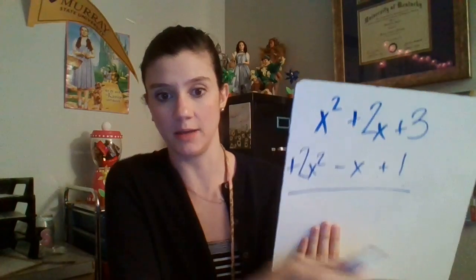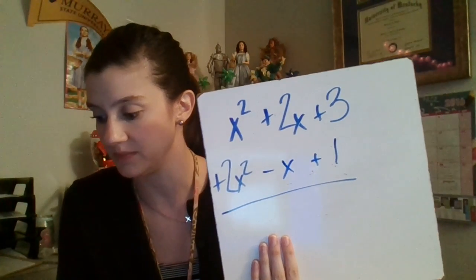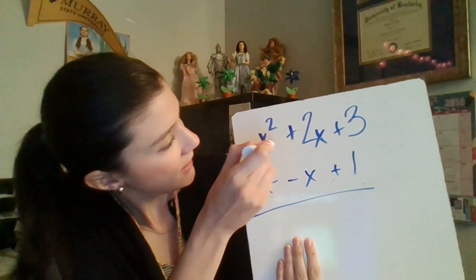It goes on to show you that you can add those vertically, and I'm going to show you that too because some of you might prefer that method. If you just write them on top of each other vertically, lining up the like terms: x squared plus 2x plus 3, plus 2x squared minus x plus 1. I've got them lined up according to like terms, and then you can just add vertically.